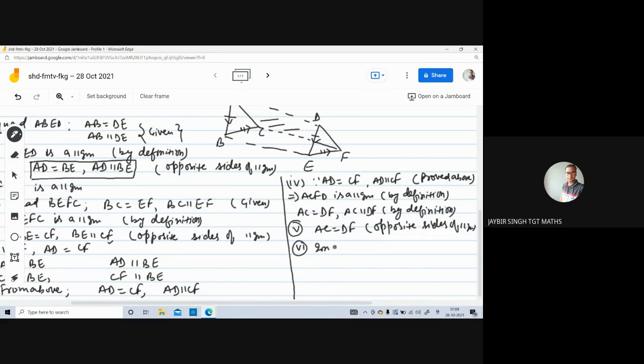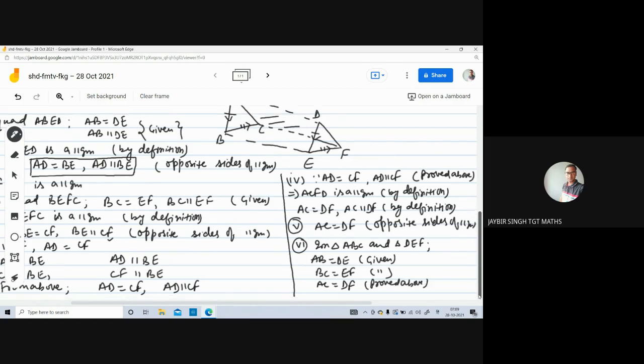In triangle ABC and DEF, AB is equal to DE. This is given, and BC is equal to EF. Again, this is given, and the third thing, AC is equal to DF. We have just proved above.